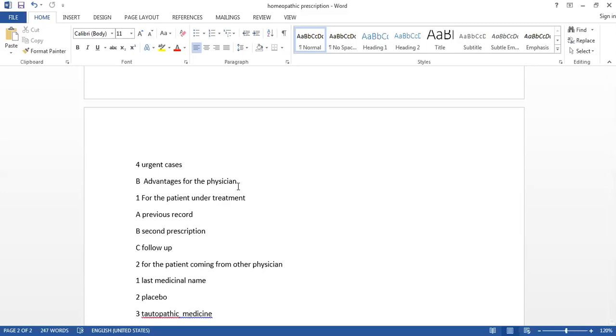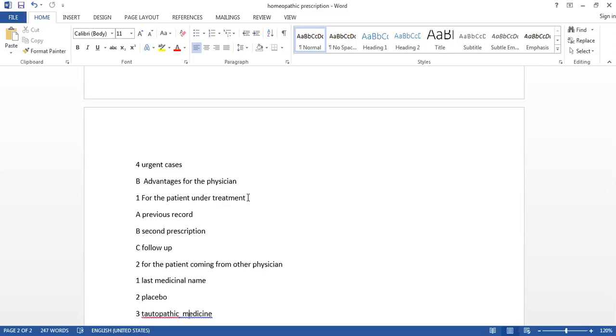For the patient under treatment, who is still coming to us, the physician can easily look at the prescription record of the patient, and on the basis of that he can check the date, the name of the patient and the references if any. If it is written there, we can identify that patient very easily. If the patient comes to you with the prescription, you can see the name and age and so on, and you can remember that patient.